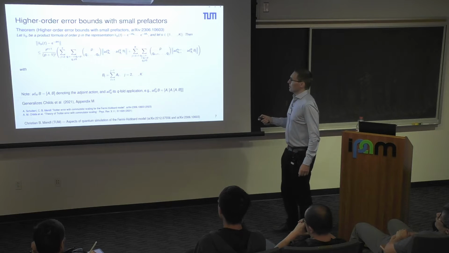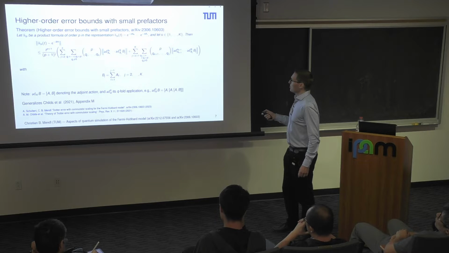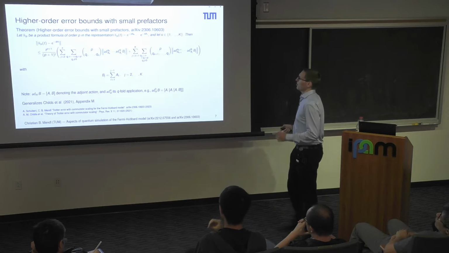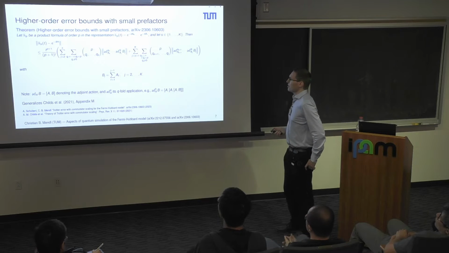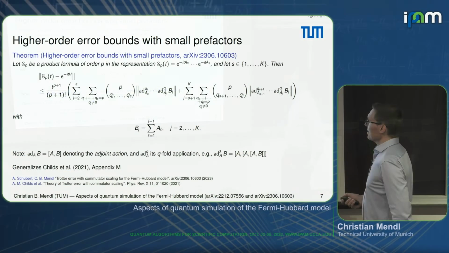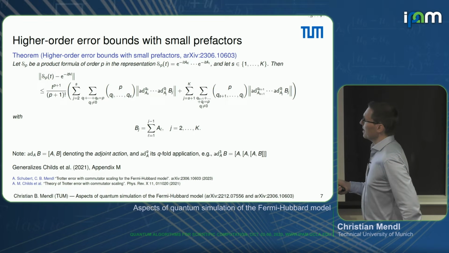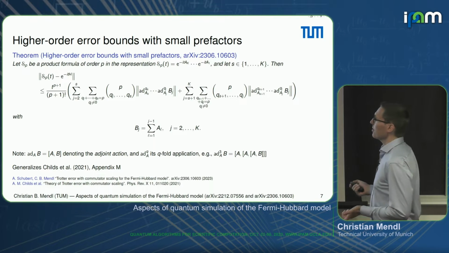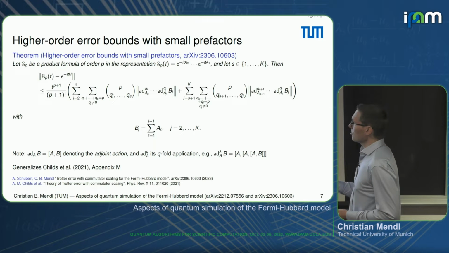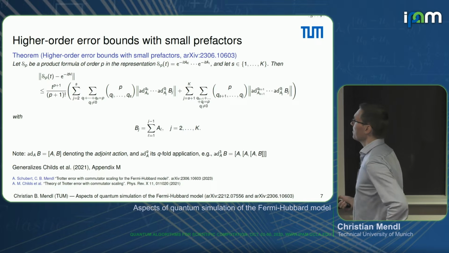And on the right here, basically we have a lot of expressions involving these nested commutators, and some multinomial coefficients in front. But that's it. So basically what we have is the spectral norm difference between a general, could be a higher order, Trotter splitting method, and the true time evolution is bounded by this whole expression here.